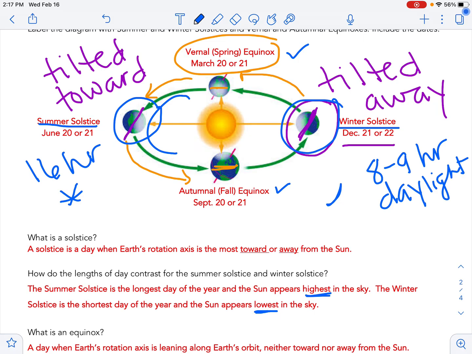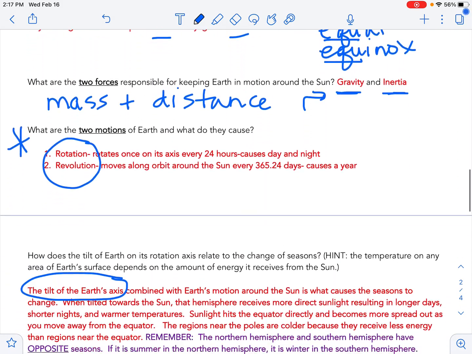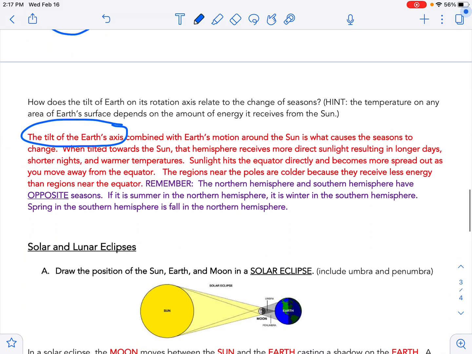So we're going to be moving from like the vernal equinox to the summer solstice. We're going to be getting warmer, and then as we come around this direction, we're going to be becoming cooler. So as we are tilted toward the sun, we're going to be receiving a lot more direct sunlight. We like that. The days are longer, the nights shorter, and temperatures warmer.